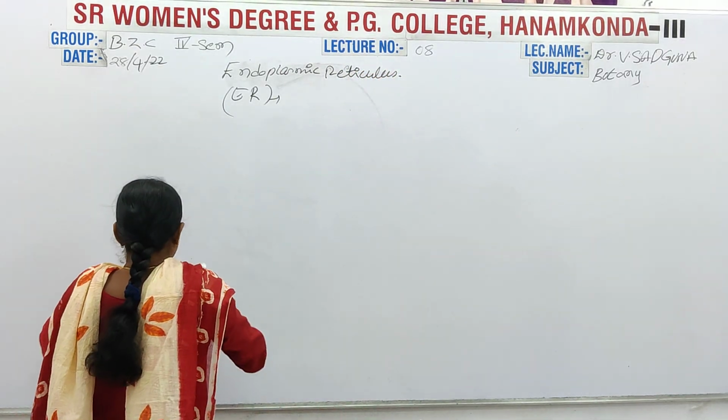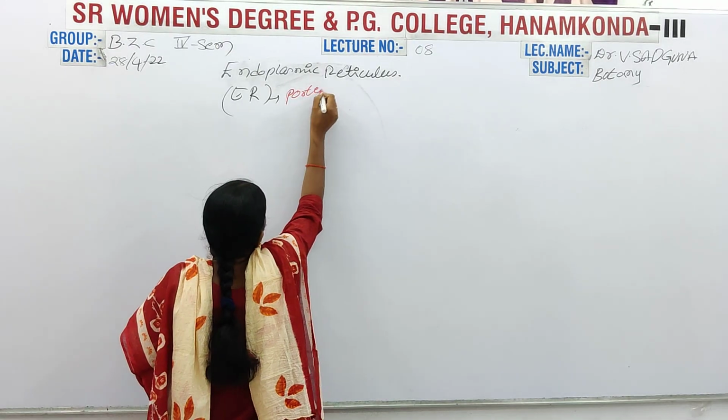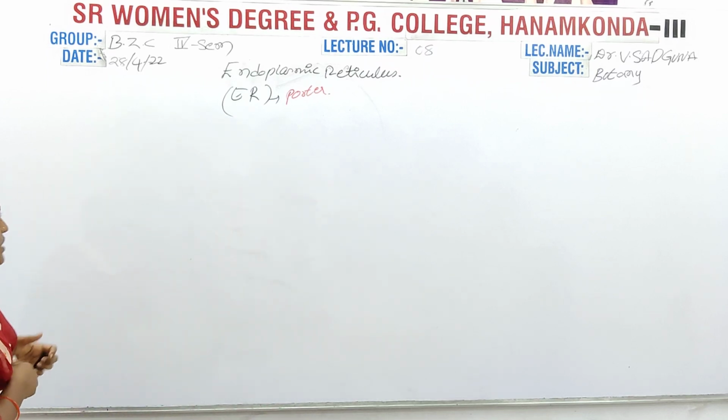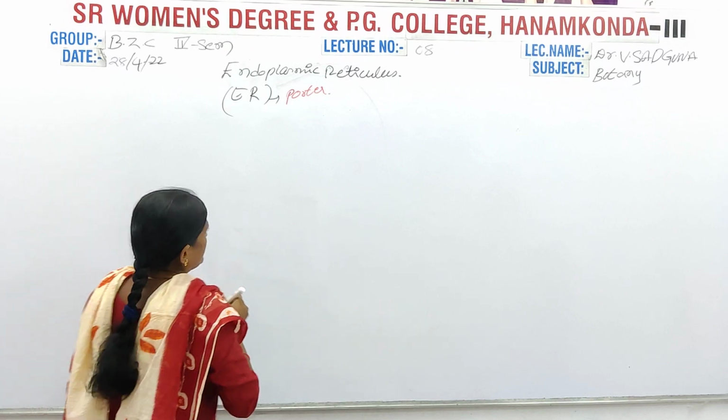The ER was discovered by Porter. In the endoplasmic reticulum, the structure is completely tube-like.